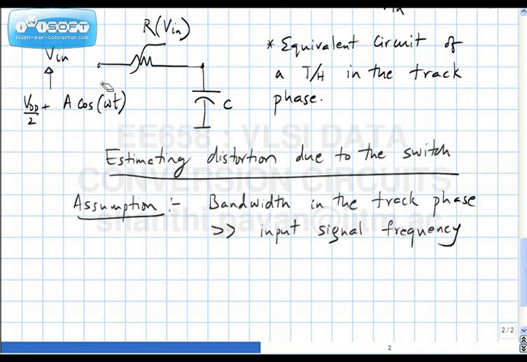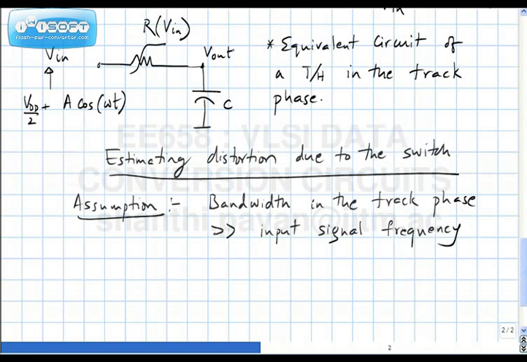Generally, nonlinear devices and circuits produce more distortion for larger input amplitudes. Okay, it's definitely true that there are some exceptions, but generally this is what you can expect.